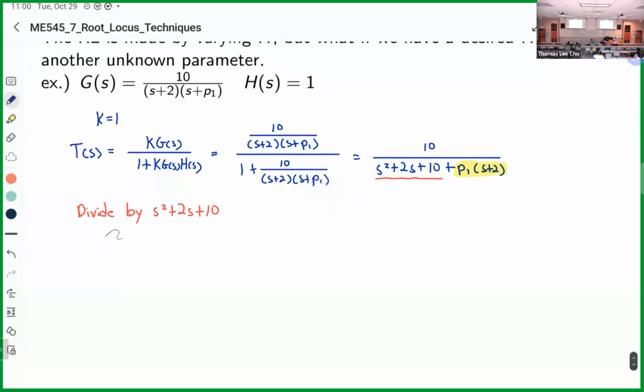And we get this: T of s is equal to 10 over s squared plus 2s plus 10, divided by 1 plus (p1 s plus 2) divided by s squared plus 2s plus 10.